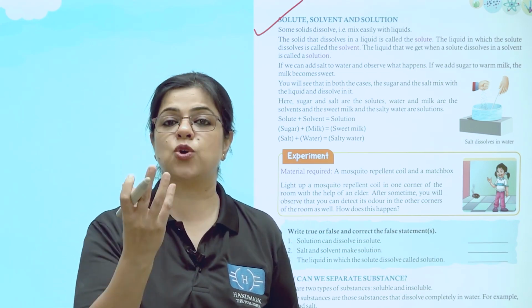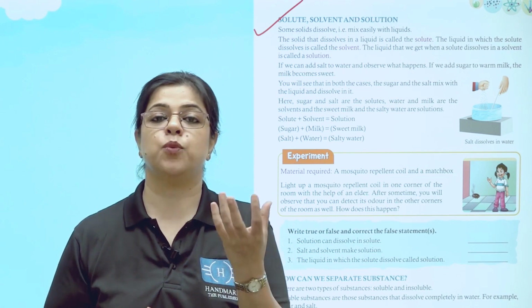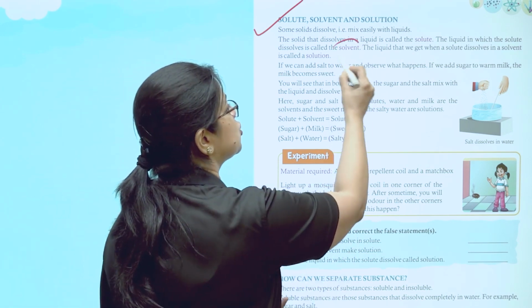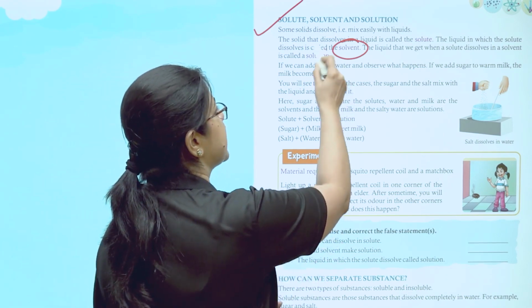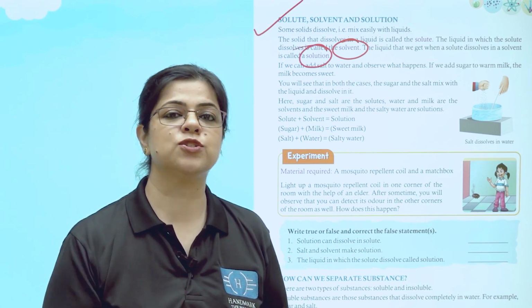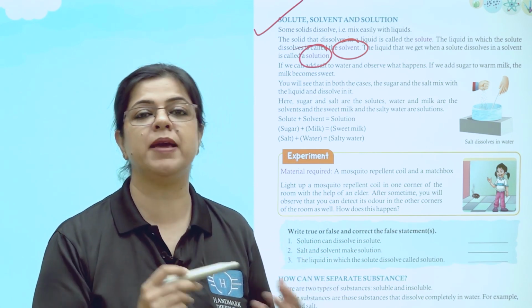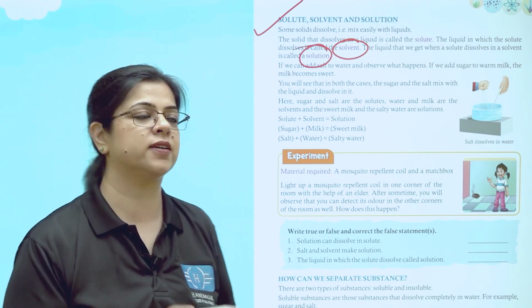This mixture is called a solution. The water in this case will be known as a solvent, and the salt in this case will be known as a solute. Similarly, you can create a solution of sugar and milk. You can also create a solution of sugar and water.